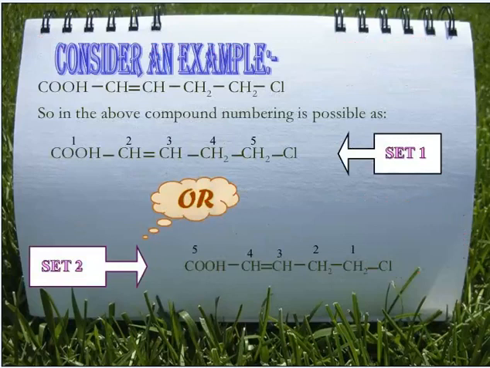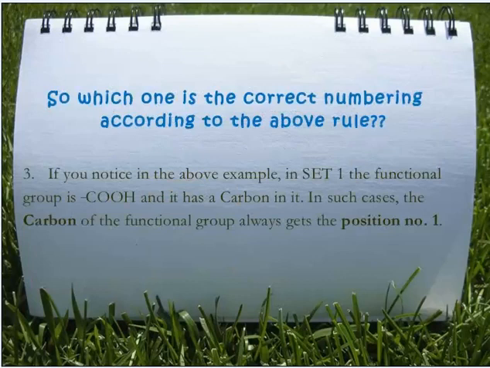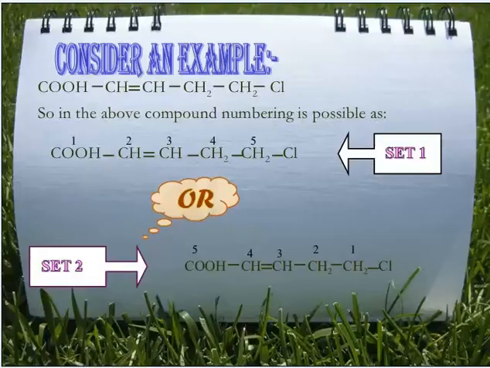Consider an example: COOH, CH double bond CH, CH2, CH2Cl. We can begin to number from the first carbon in the carboxyl, or from the first carbon on the right. So, which one is the correct numbering according to the above rule?